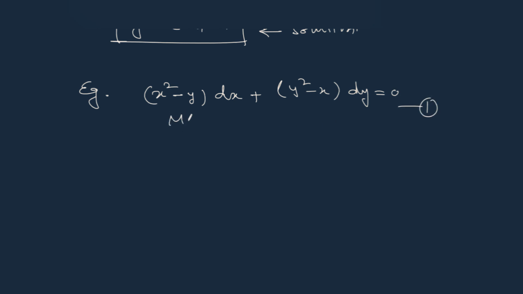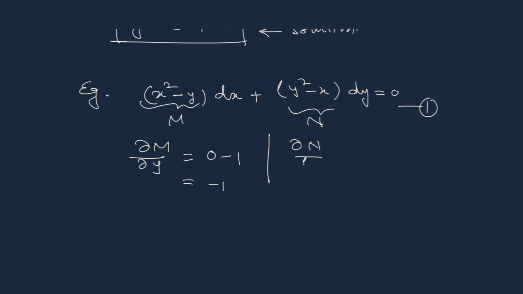See, this is our M, this is our N. Del M del y, we will get 0 minus 1, that is equal to negative 1. Del N del x, the partial derivative of y square with respect to x is 0, minus 1, that is negative 1. So these two are equal, therefore equation 1 is exact.